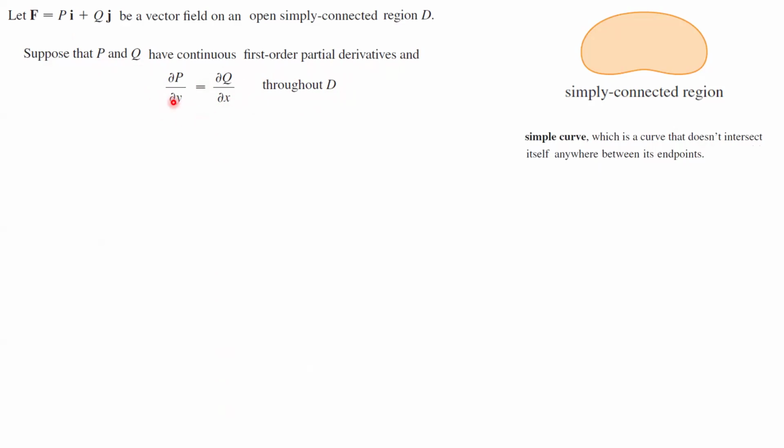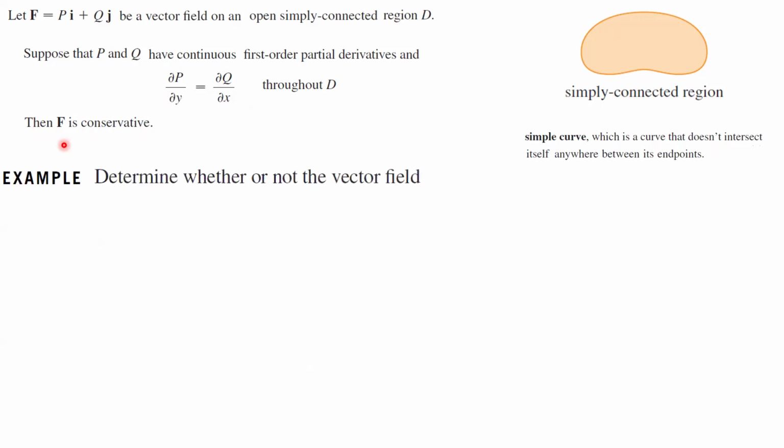This is the part where students usually make challenging mistakes. You take the partial derivative of P with respect to y, you take the partial derivative of Q with respect to x. If this equality holds, then you say that, hey, you have a conservative vector field. For example, check to see if the following vector field is conservative.